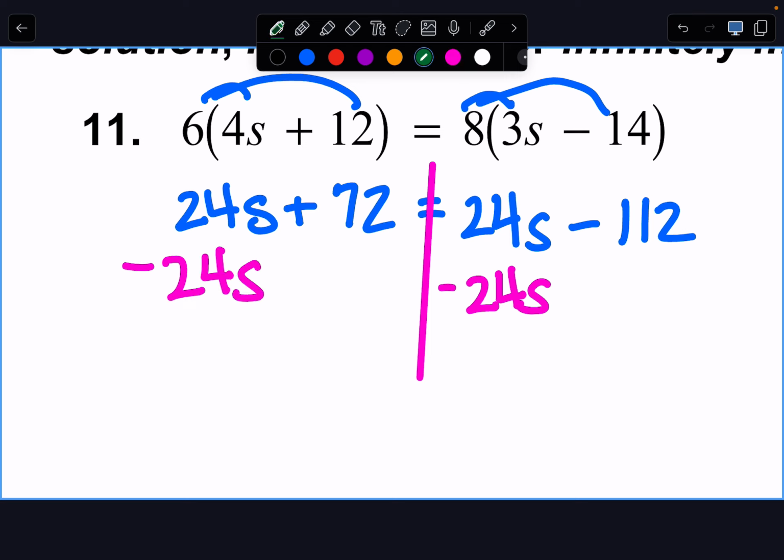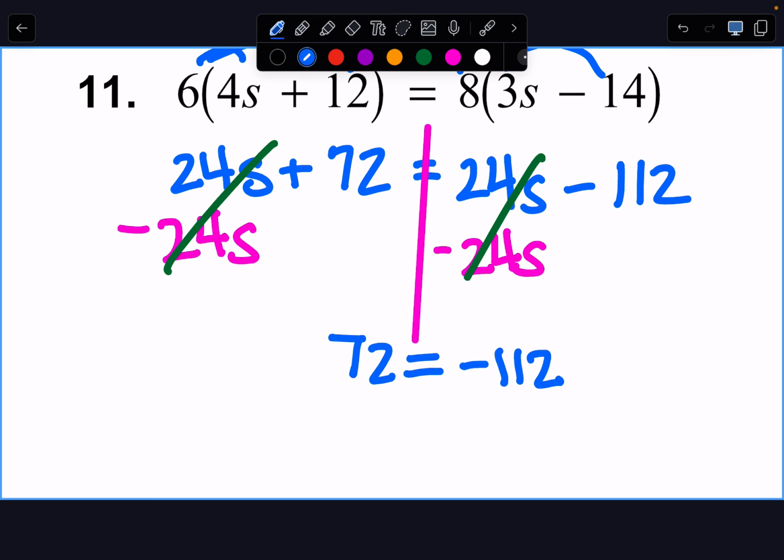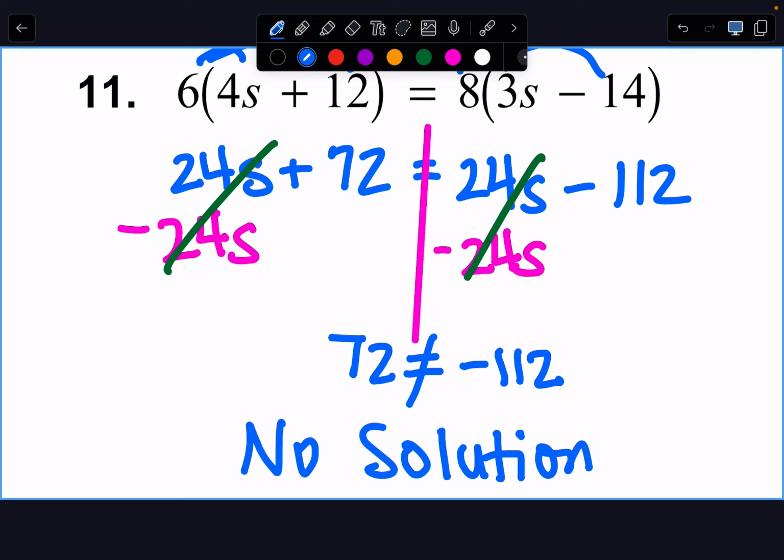Okay, cool. So those go away. Uh-oh, what happens? Aubrey, how often does 72 equal negative 112? Never. So we have no solution because 72 does not equal negative 112.